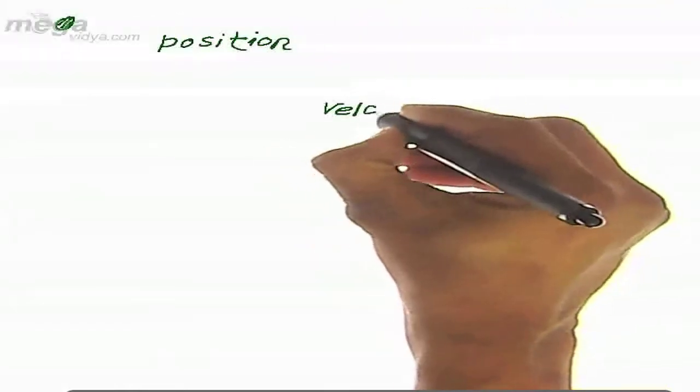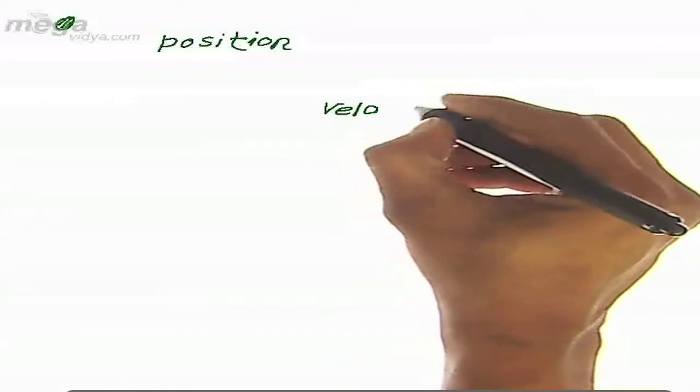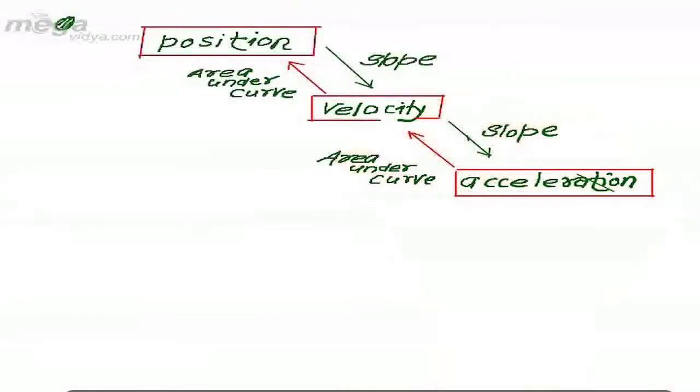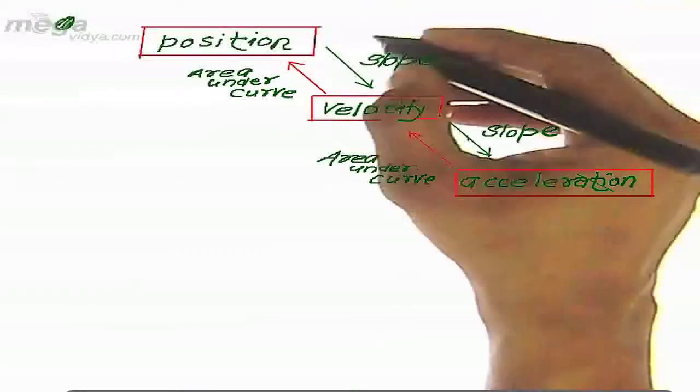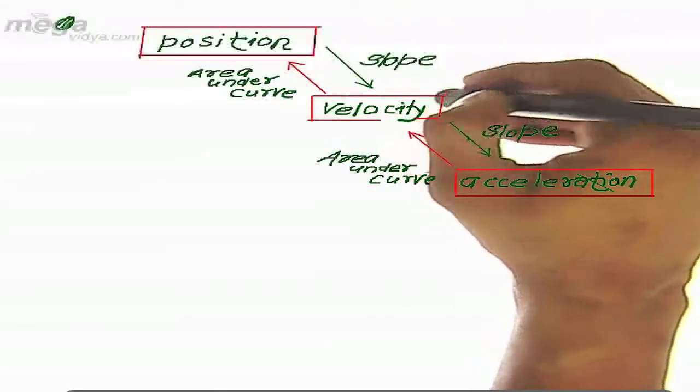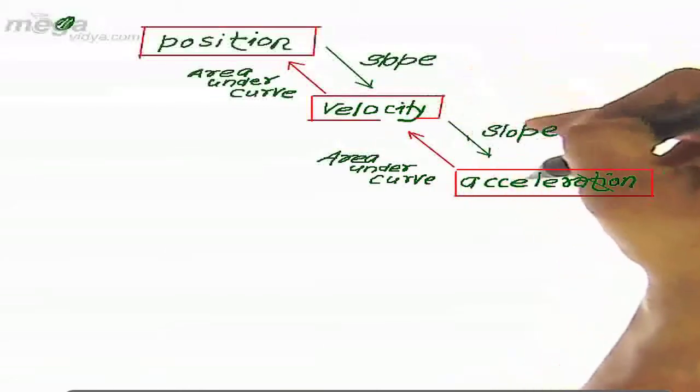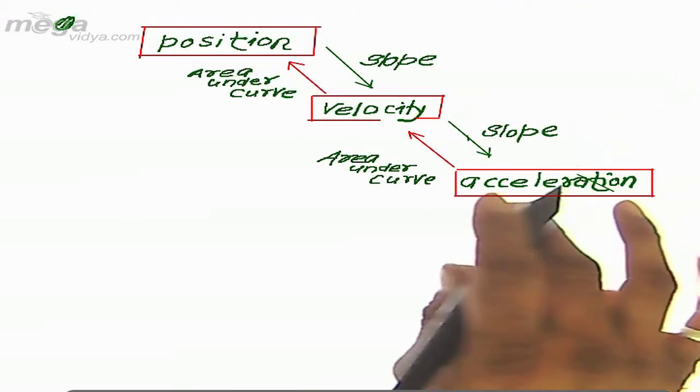If we compare these three quantities on a graphical scale, then we can find it easy to relate velocity and acceleration with the position. By the definitions of position, velocity and acceleration, we can easily find that the slope of position time curve gives us velocity, and the slope of velocity time curve gives us acceleration.